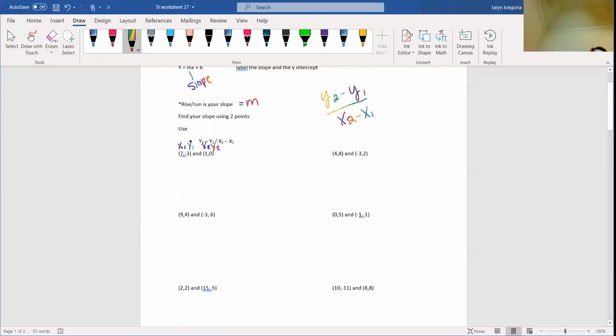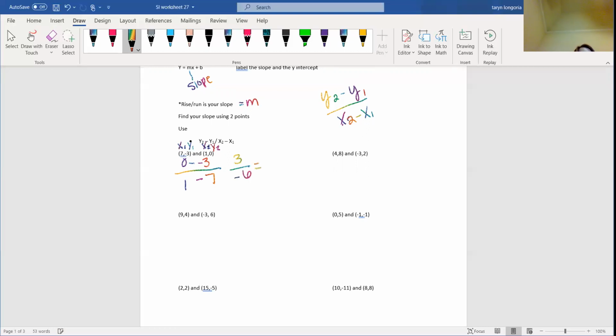So you find your y2, which is 0. So you go 0 minus your y1, which is -3, over your x2, which is 1, minus your x1, which is 7. So you have 0 minus -3, which is +3, and then 1 minus 7 is -6.